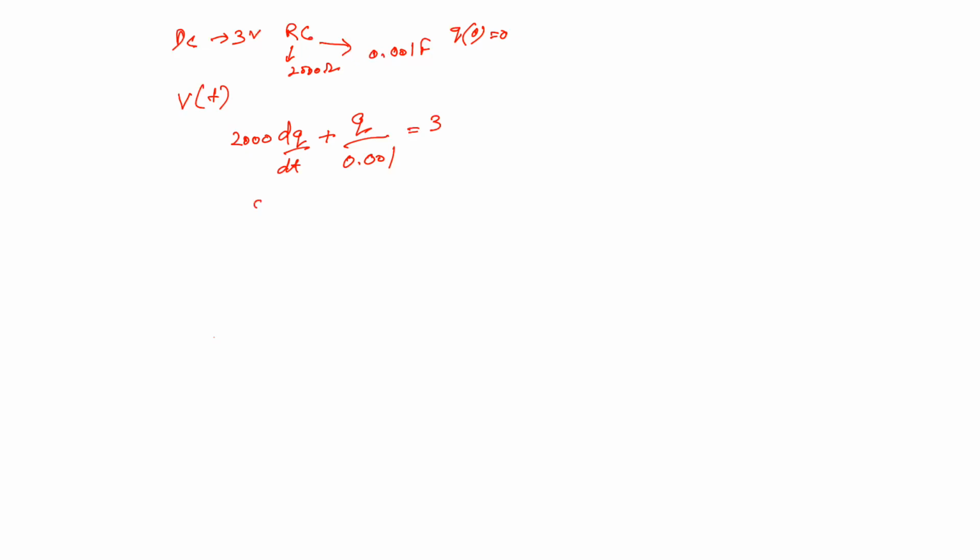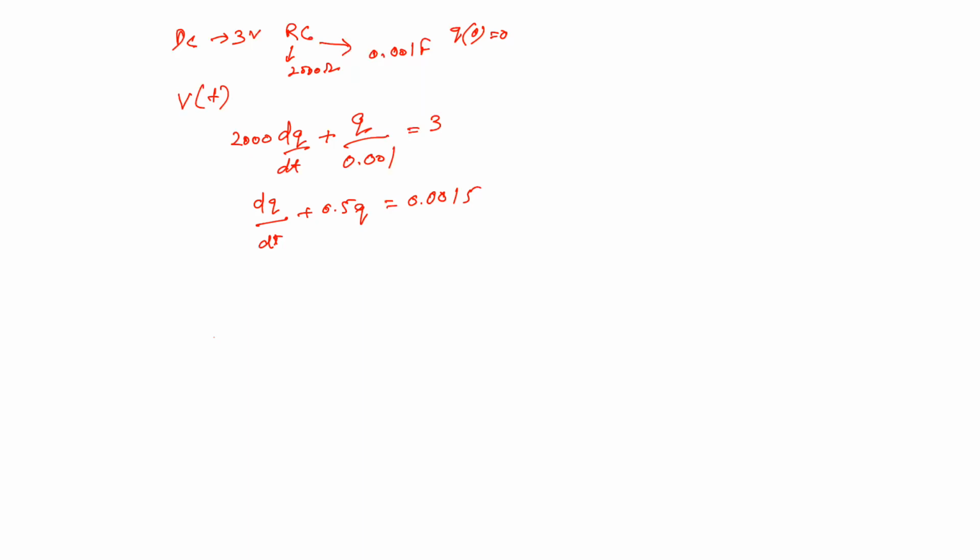Now we get the equation dq by dt plus 0.5 Q equals 0.0015. Now we take the Laplace transform on both sides of this equation.